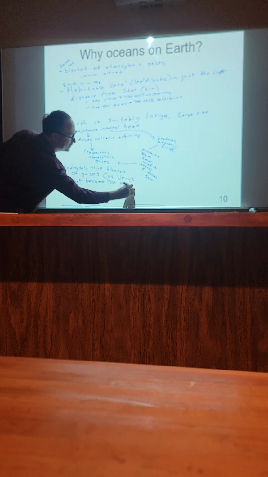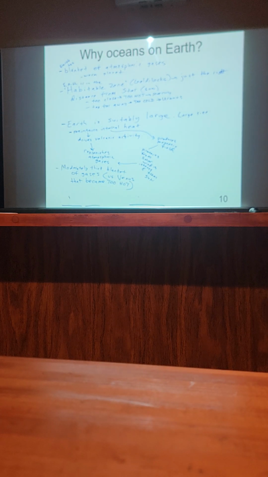So Venus is also in the habitable zone, but Venus ended up with too thick a blanket of gases. And that's what produced what's called the runaway greenhouse effect, which hopefully isn't our future. And that's why Venus ended up losing its ocean.